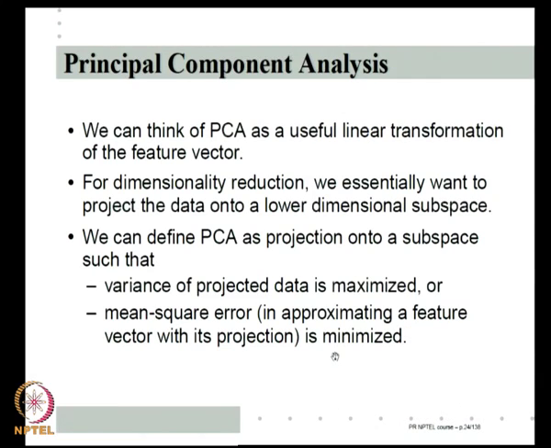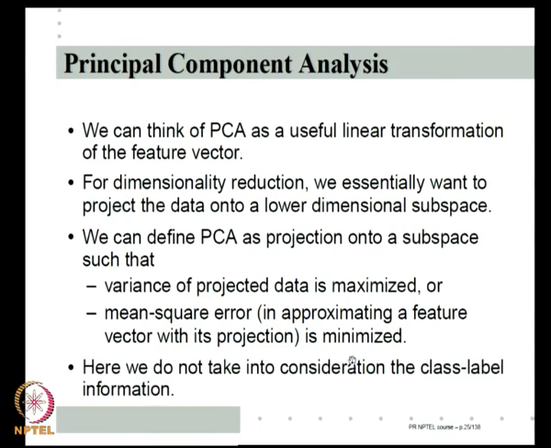We will see how to derive what this particular transform would be, but whether I think of it as the best approximation in the low dimensional subspace, or for a fixed m capturing most of the variation in the original data, the final solution turns out to be the same transform. Okay. So, that is what PCA is, that is what we are going to consider now.